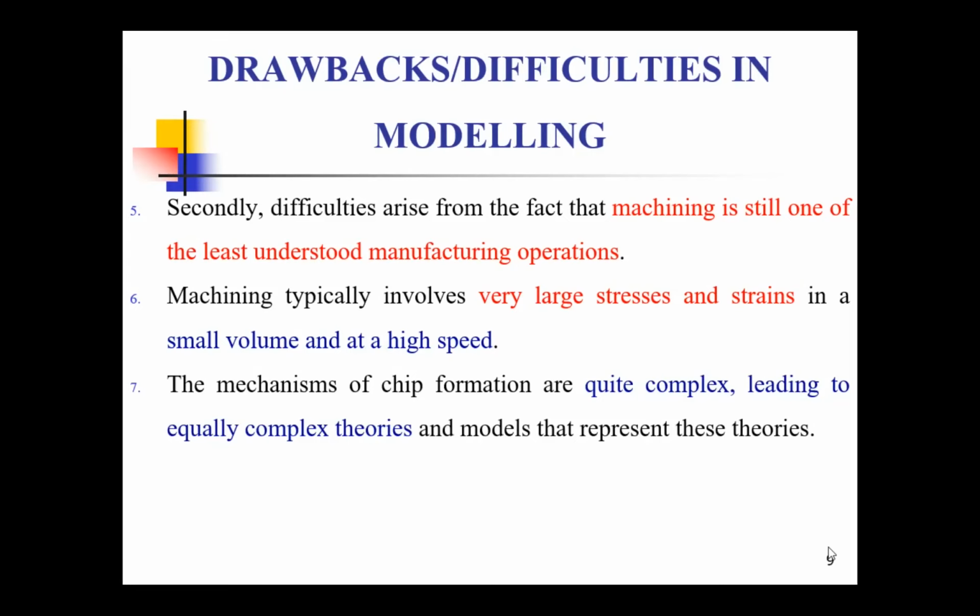It is nothing but a stack of cards, that is, layer by layer the metal will be removed. So the mechanism of chip formation is complex, which leads to complex theories. If I develop a model based on this complex theory, then my model will also be a complex one.